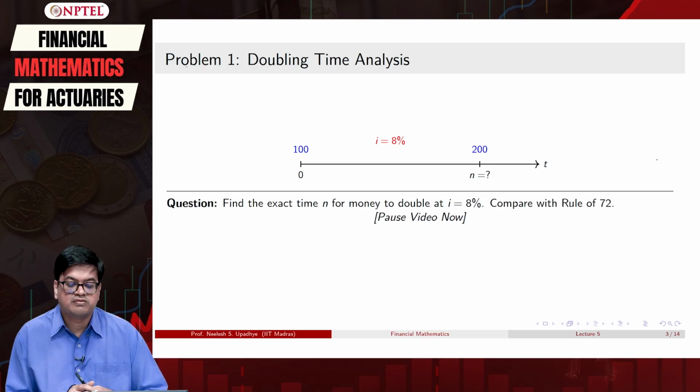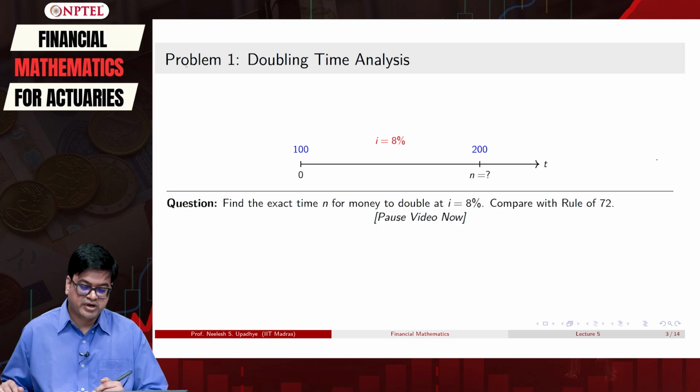I have been given an interest rate of 8%. You have to find the exact time n, then use the rule of 72 to verify your result and get back to the solution. So pause this video now.